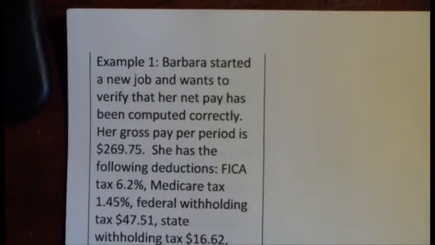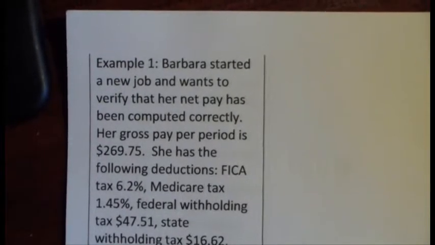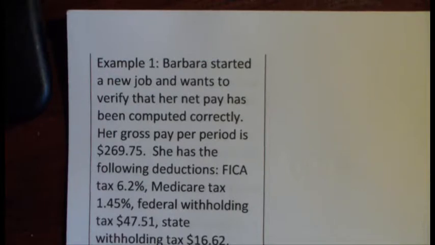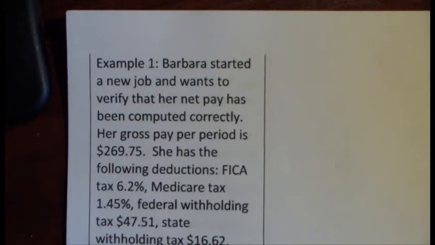Example 1. Barbara started a new job and wants to verify that her net pay has been computed correctly. Her gross pay per period is $269.75. She has the following deductions: FICA tax 6.2%, Medicare tax 1.45%, federal withholding tax $47.51, state withholding tax $16.62, retirement insurance contribution $9, disability insurance fee $2.56, and medical insurance fee $12, and dental insurance fee $6.